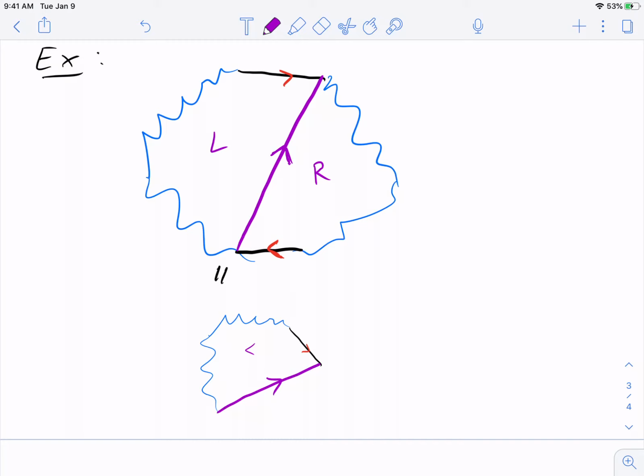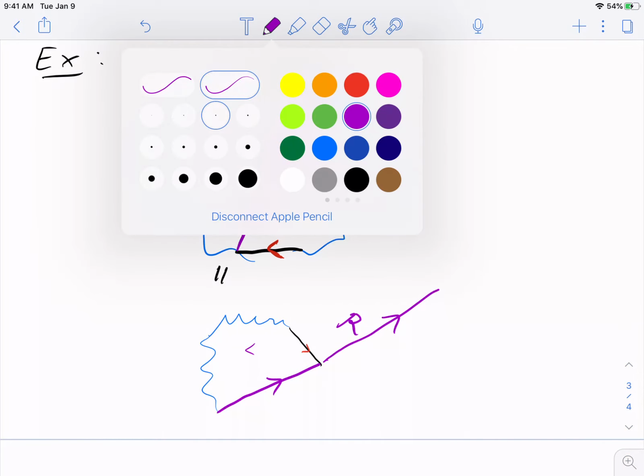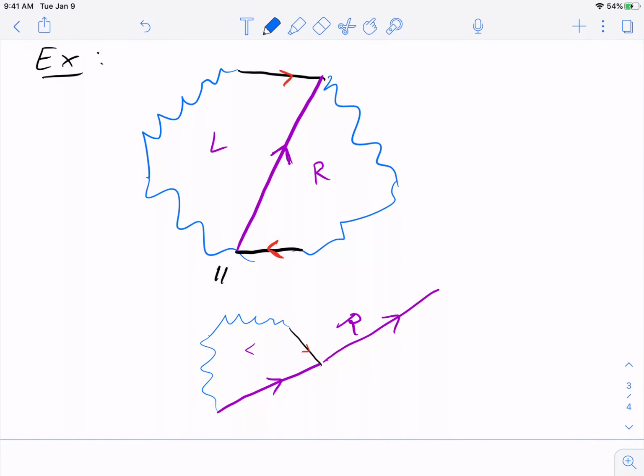And so what that ends up looking like is the right side here. Well, where's the purple arrow go? So on the right side, the purple arrow is coming out of this red arrow. So it's coming out like that. And then between the back of the red arrow and the front of the purple arrow, there's just a bunch of complicated stuff.